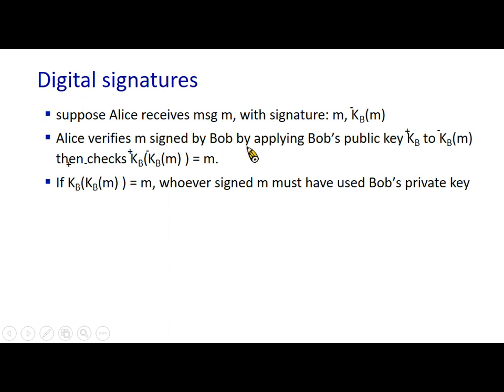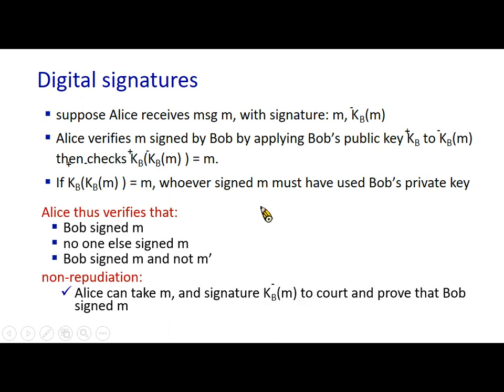Alice verifies M is signed by Bob by applying Bob's public key to KB(M), then checks that the result equals M. If KB+(KB-(M)) equals M, whoever signed M must have used Bob's private key.